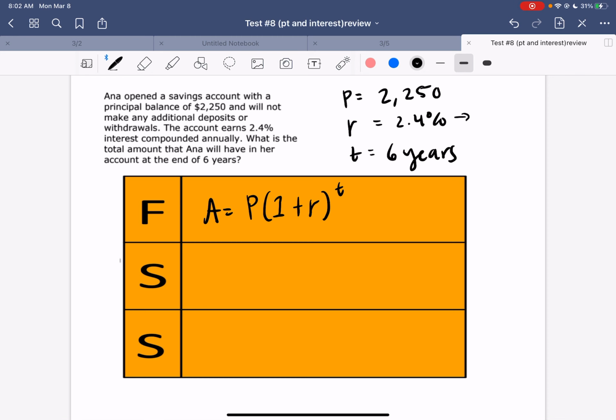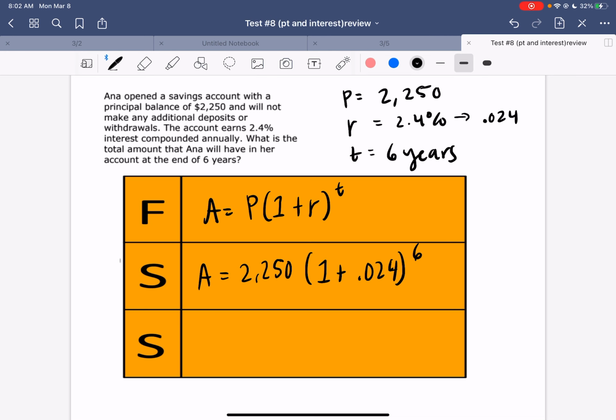For the rate, we need to divide by 100, which gives us 0.024. Before we put that into our formula, we need to make sure it's in the correct form. So here we have A equals 2,250 parentheses 1 plus 0.024 raised to the 6th power, making sure that this is an exponent and not just a number being multiplied.